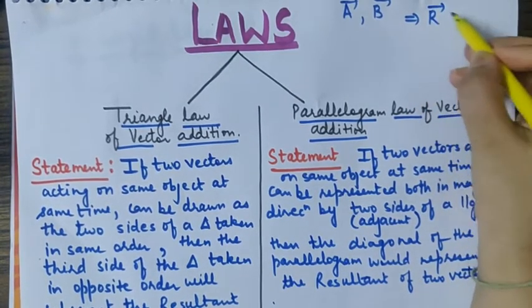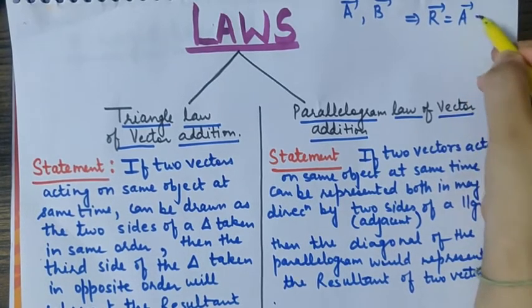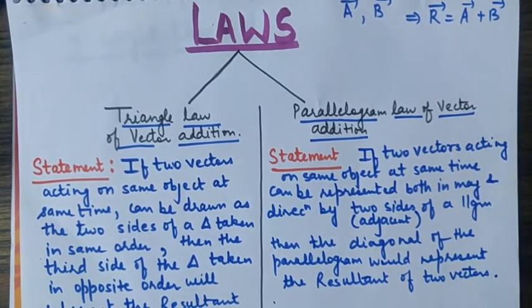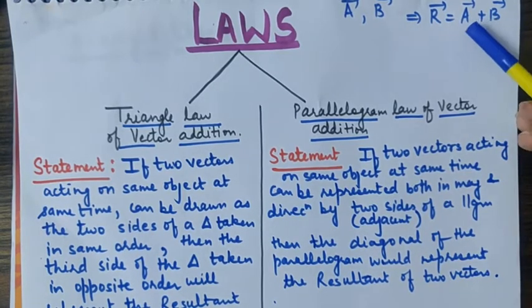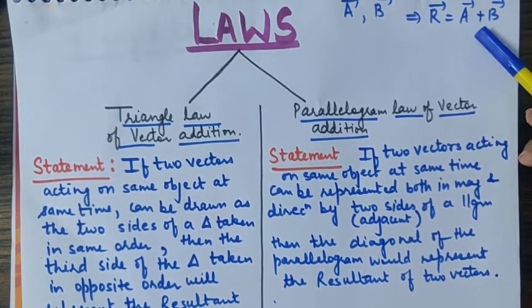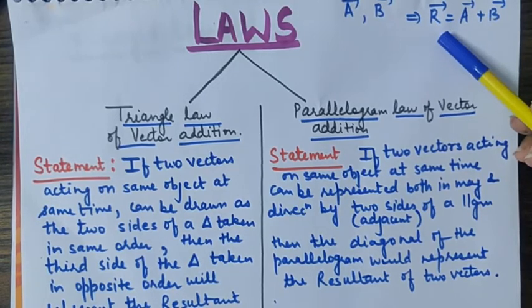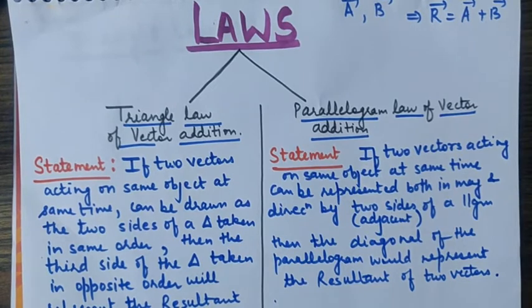The symbol will represent R vector is equal to A vector plus B vector. That means their addition is written as the vectors with a plus sign between them, equal to R vector, meaning the resultant. That means the total vector which represents the total effect of those two vectors taken together.